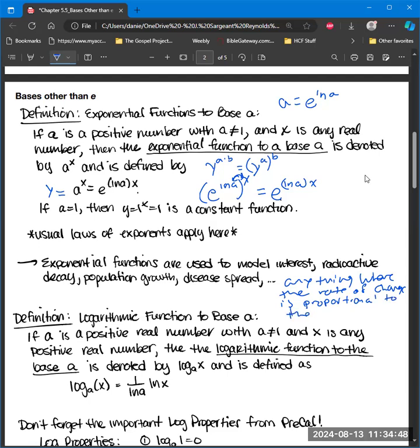It's more a differential equations idea, but I'll get you thinking of it right now.